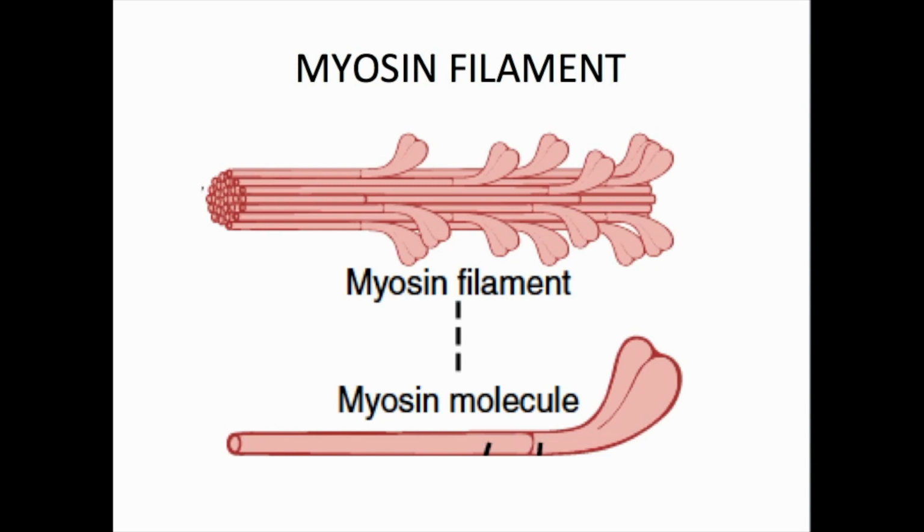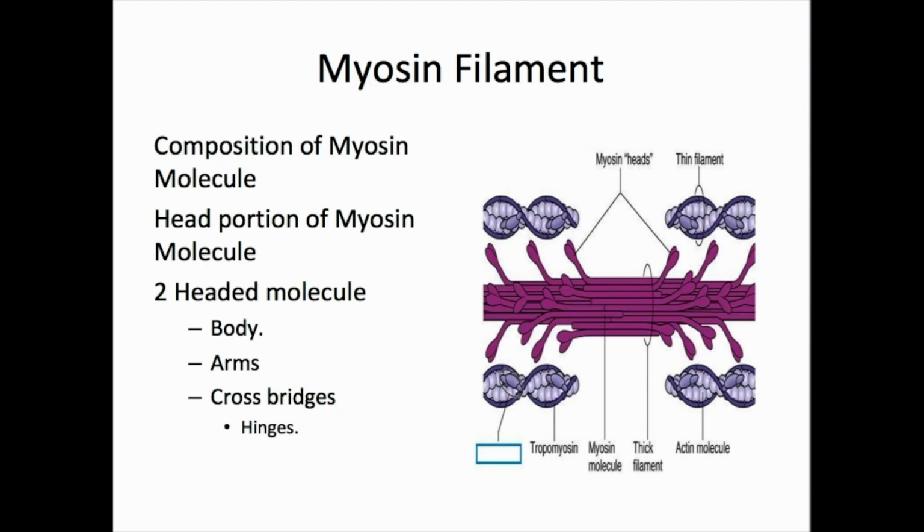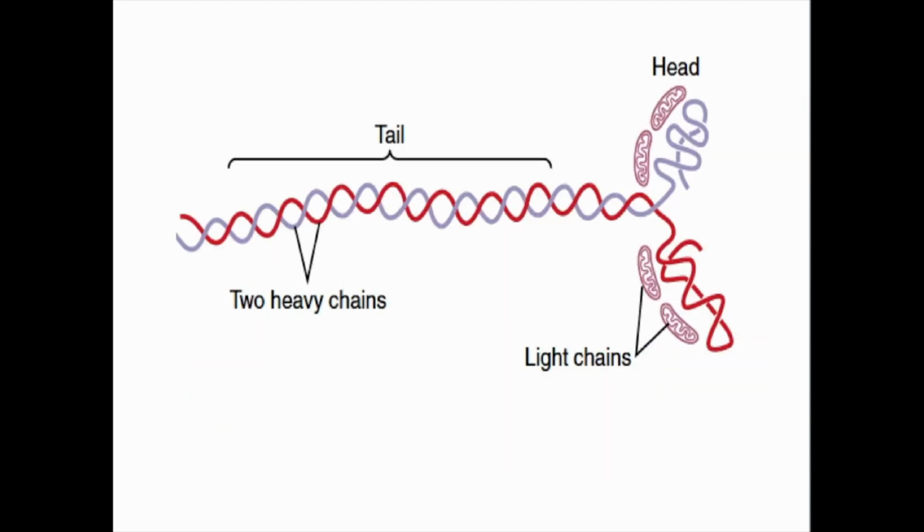Let's look at the myosin filament, or you can call it the thick filament. Myosin filaments are composed of multiple myosin molecules. The myosin molecule is composed of 6 polypeptide chains, 2 heavy chains and 4 light chains.